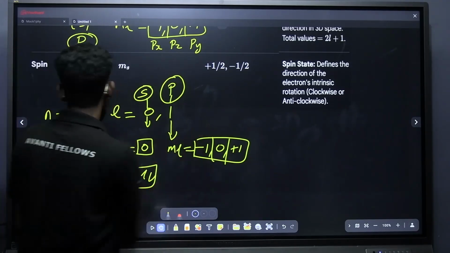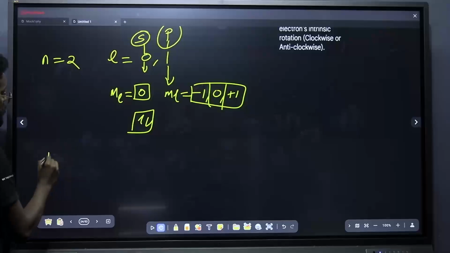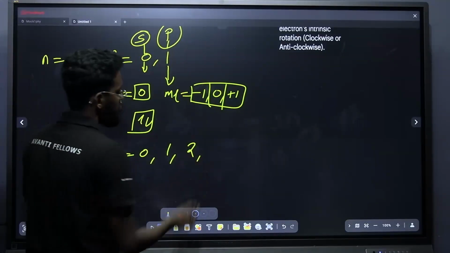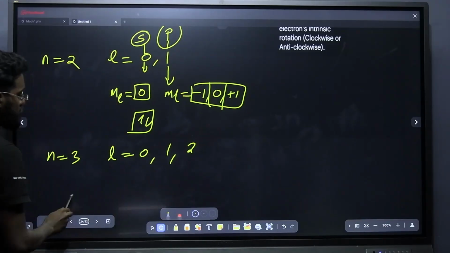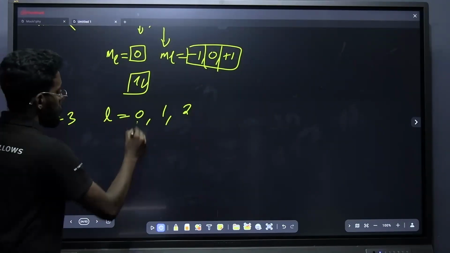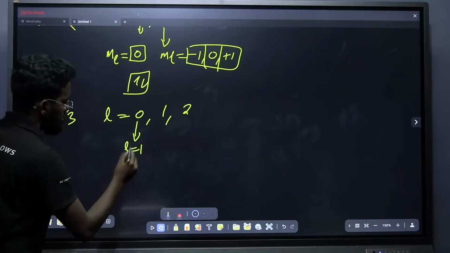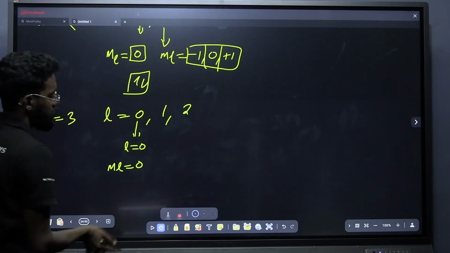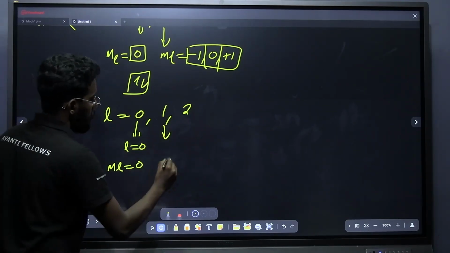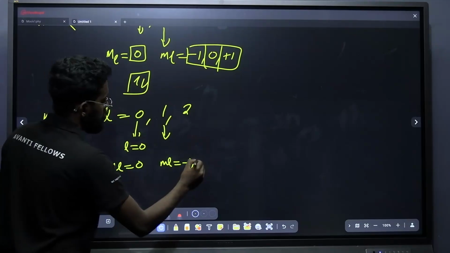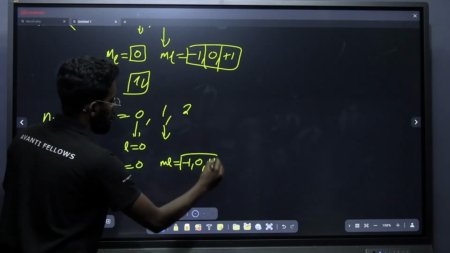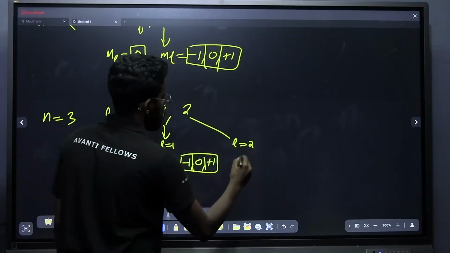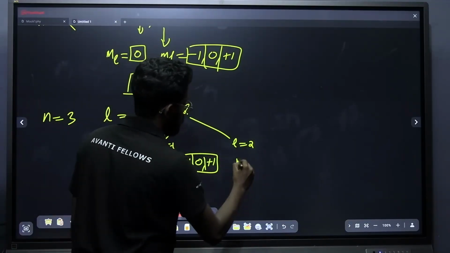If I take d, that is, if n is equal to 3, the l values will be 0, 1, 2. For l equal to 0, the ml value is 0, only one orbital. For l equal to 1, ml is minus 1, 0, plus 1, so 3 orbitals. For l equal to 2, how many ml values?